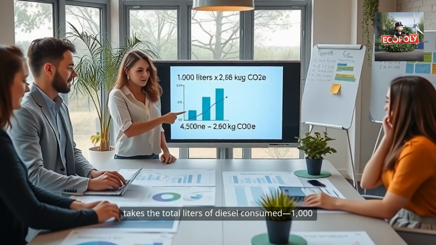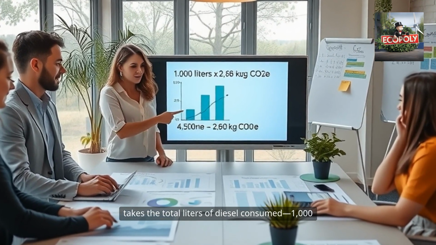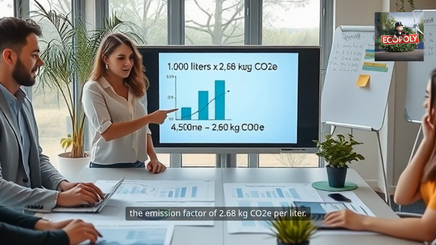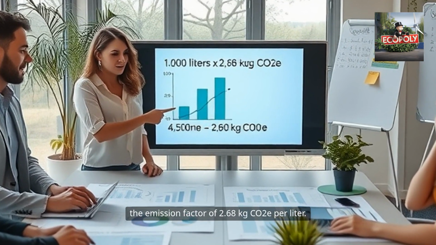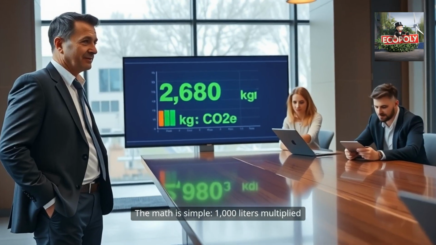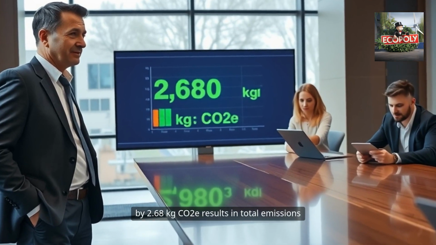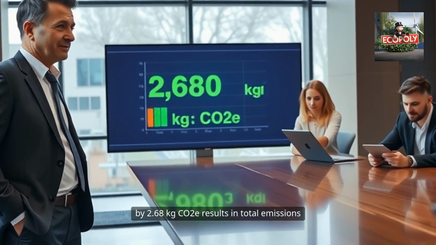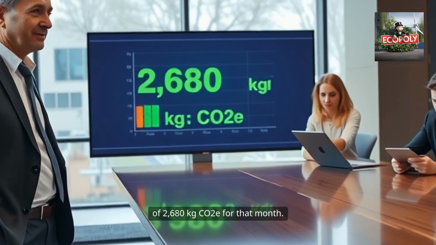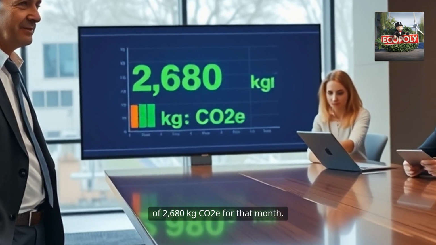The company takes the total litres of diesel consumed, 1,000 litres, and multiplies it by the emission factor of 2.68 kgs CO2e per litre. The math is simple. 1,000 litres multiplied by 2.68 kg CO2e results in total emissions of 2,680 kg CO2e for that month.